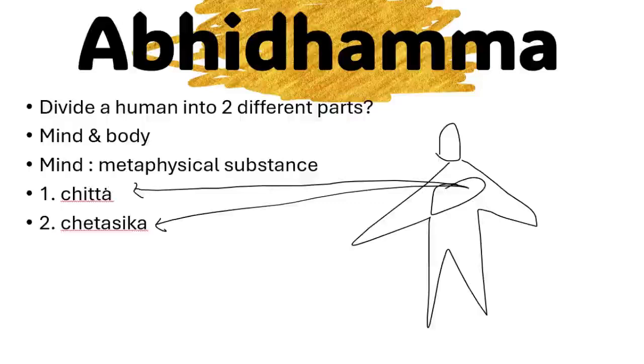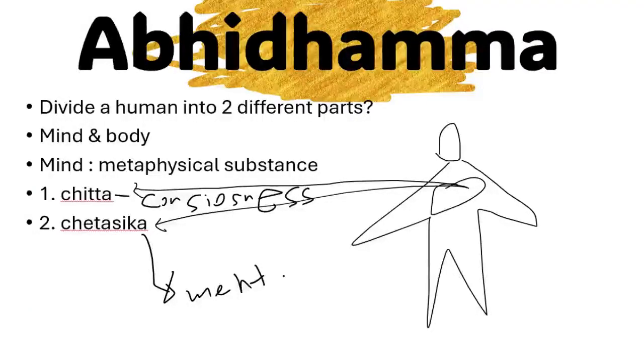Chitta and chetasika. Chitta is the consciousness, and chetasika we can translate into English as mental factors.